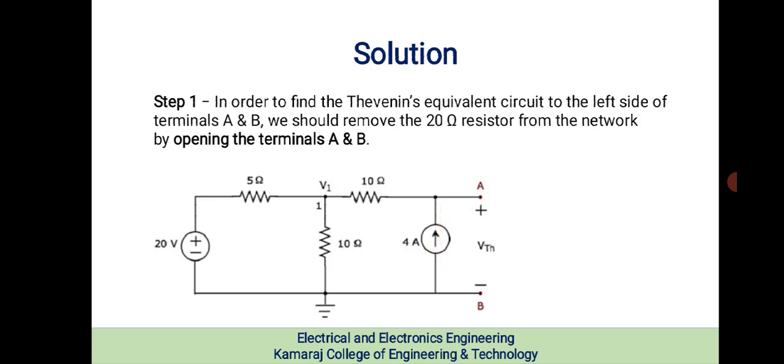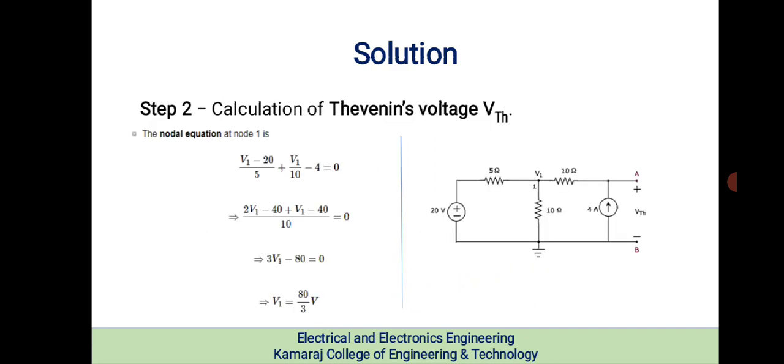You can use any one analysis. Here I am using nodal analysis, writing the node equation at node 1. Here only one node is there, but in this node three elements are connected: one is 5 ohm, 10 ohm and another one is 10 ohm. So the first 5 ohm has the current, meaning potential difference divided by resistance.